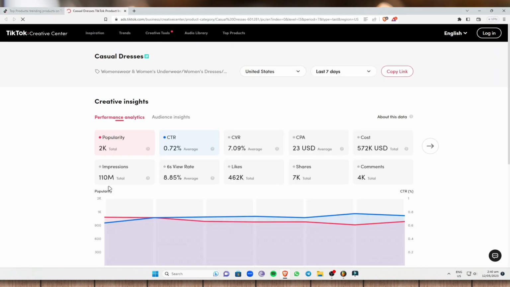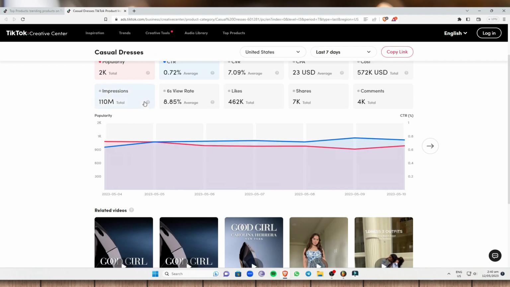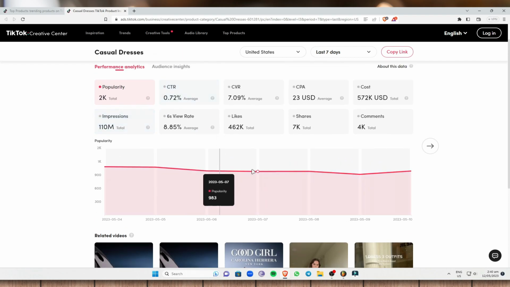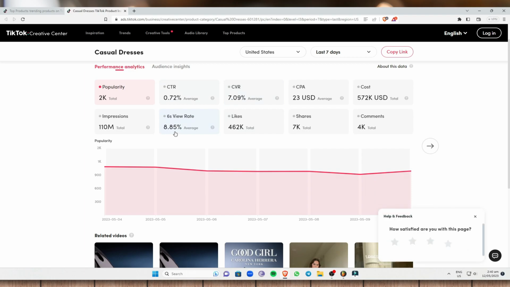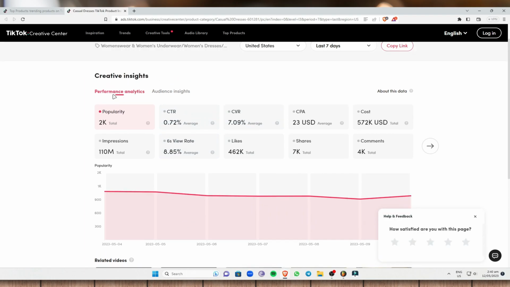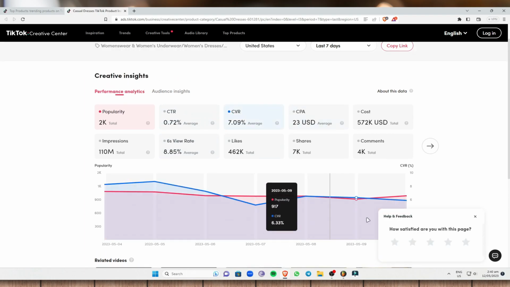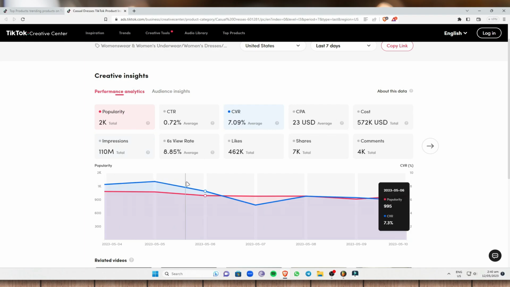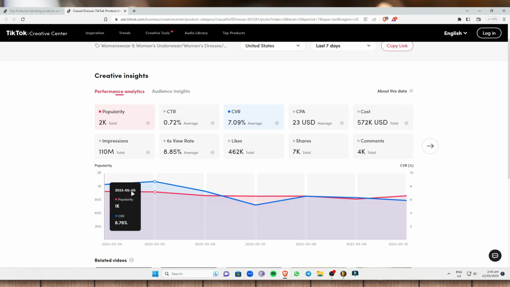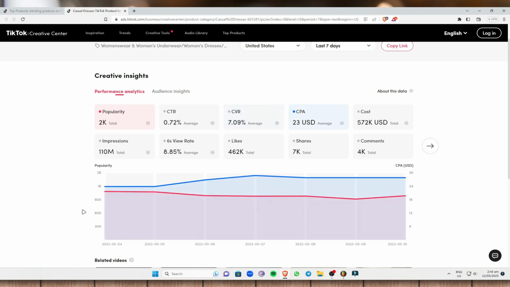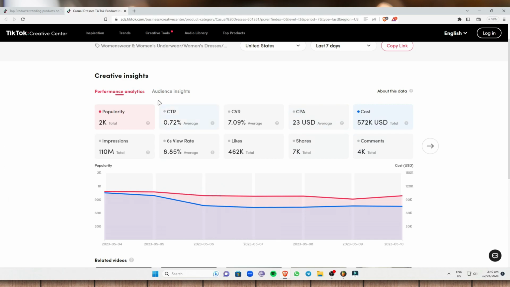So it will have a graph right here on the popularity, the CTR, to give us a better understanding on our performance analytics, the CVR right here, and as you can see, it has a graph for CVR right here for us to compare on the popularity right here, and the CPA right here. You can see, but this is not what I'm trying to teach you or to make you see.